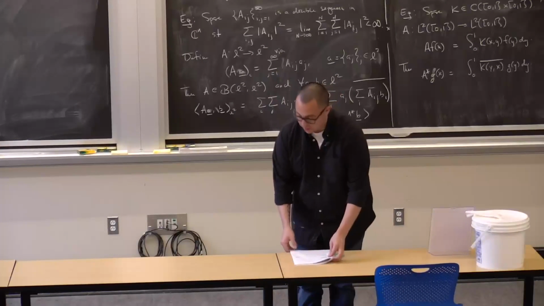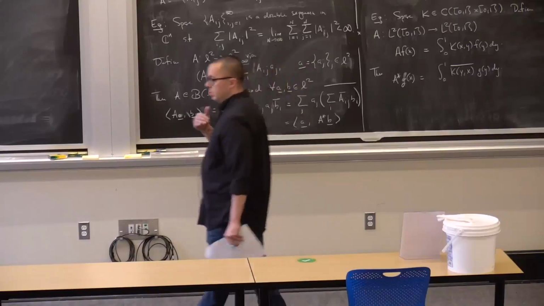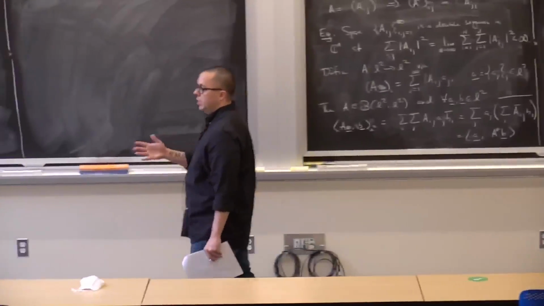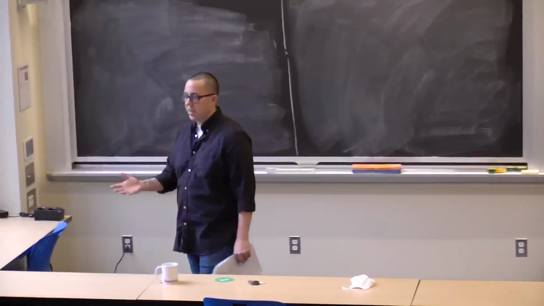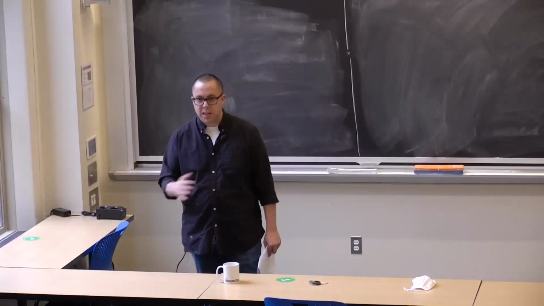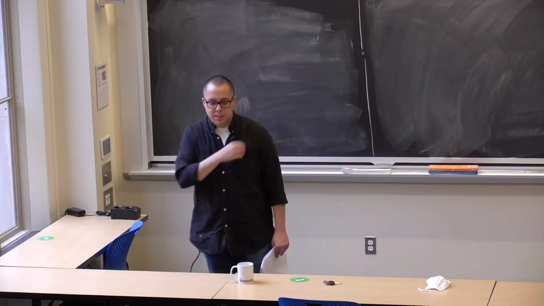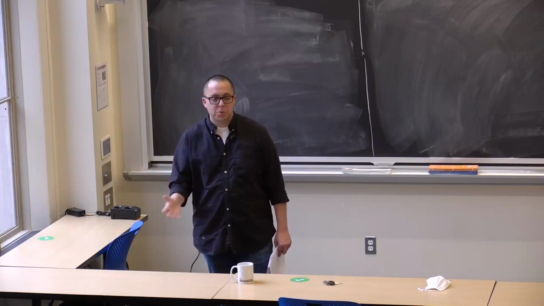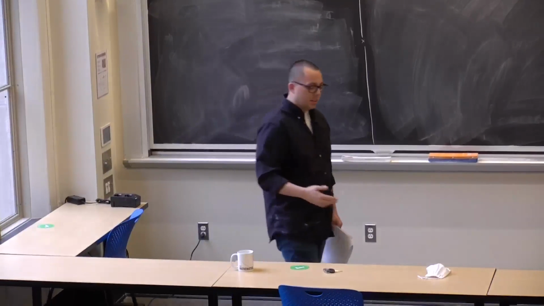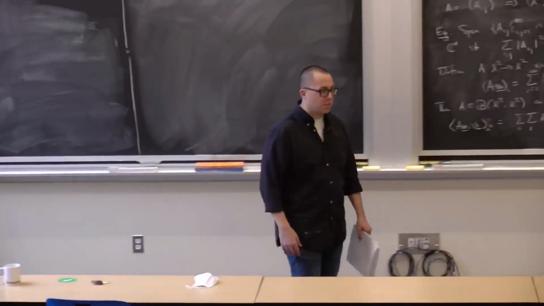Now, this is kind of the best thing you can say. Existence is predicated upon your data satisfying finitely many linear conditions, and you have uniqueness up to a finite dimensional subspace, namely the null space.